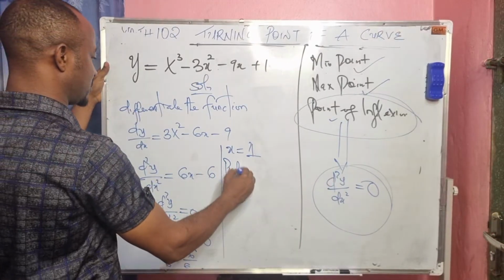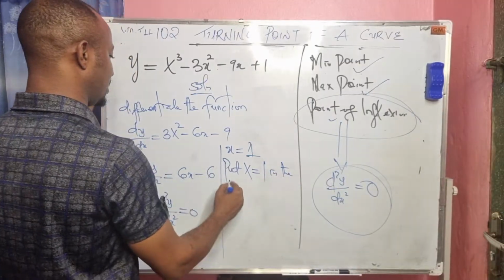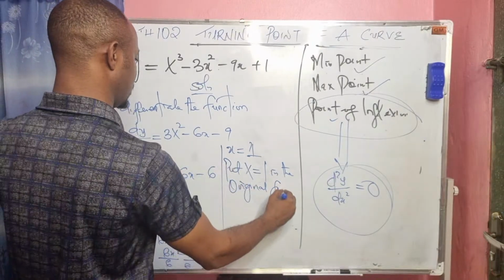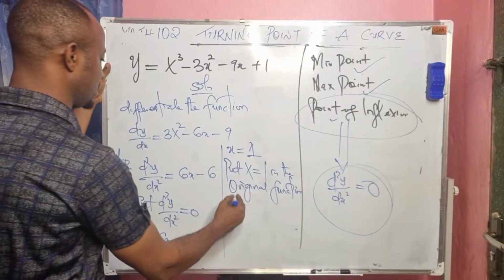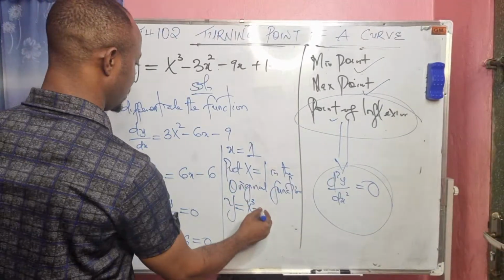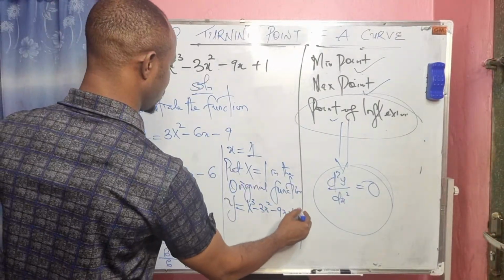Then when we get the value of x as 1, we have to find the corresponding value of y. So we put x equals 1 in the original function. The function says y equals x cubed minus 3x squared minus 9x plus 1.